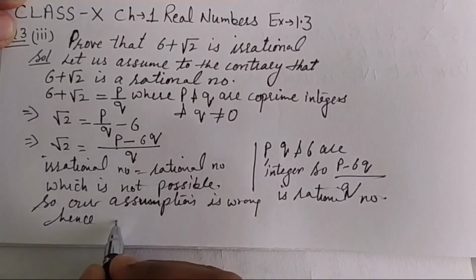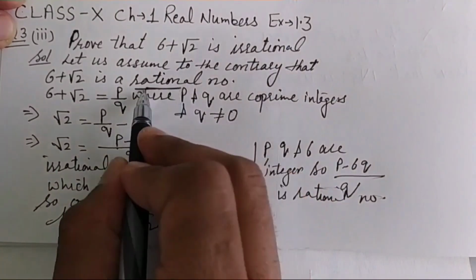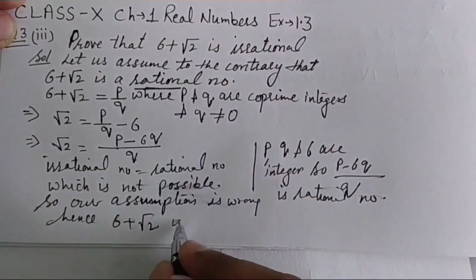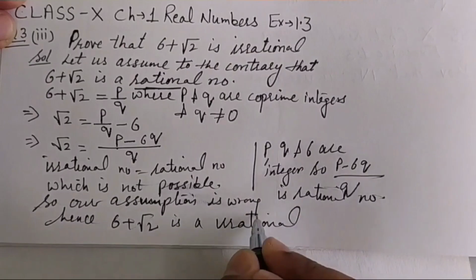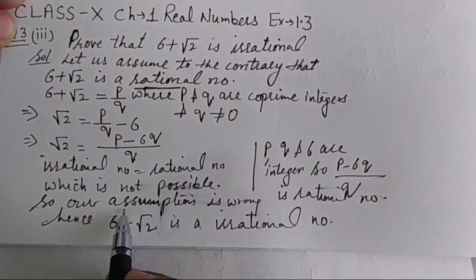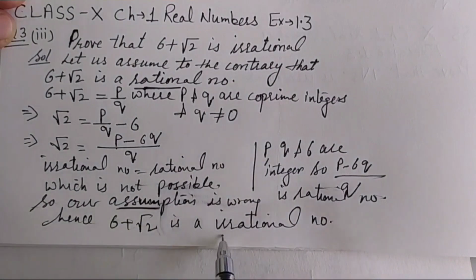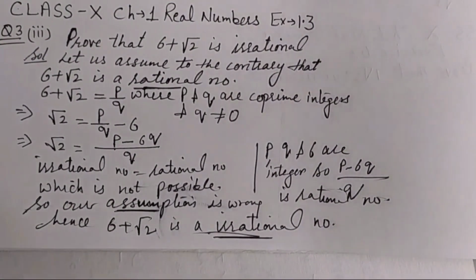Hence 6 plus root 2 is an irrational number. Earlier we supposed it was a rational number, but now our assumption is wrong, so it is an irrational number. So this way we can prove this question. Thanks for watching.